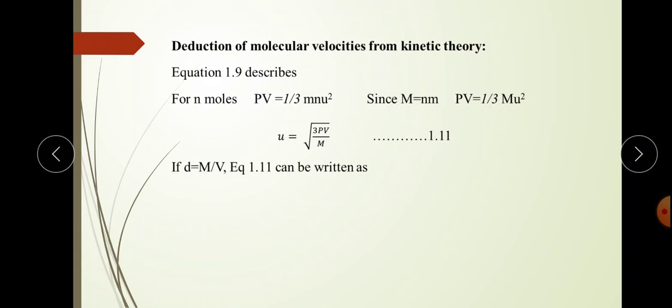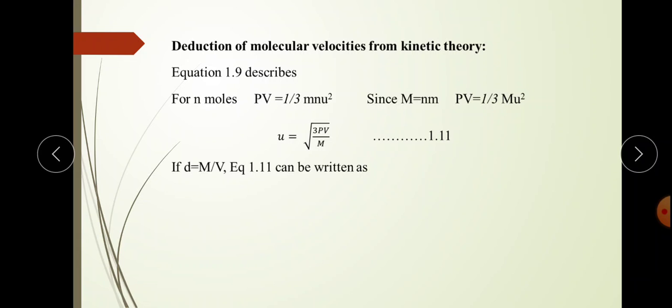So PV can be written as 1 by 3 m n U square on the basis of equation 1.9. The overall molecular mass can be considered as capital M equal to N into m, where N is the number of molecules and m is the mass of each and every molecule.